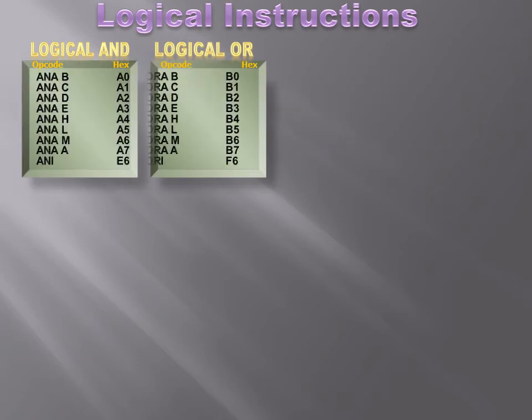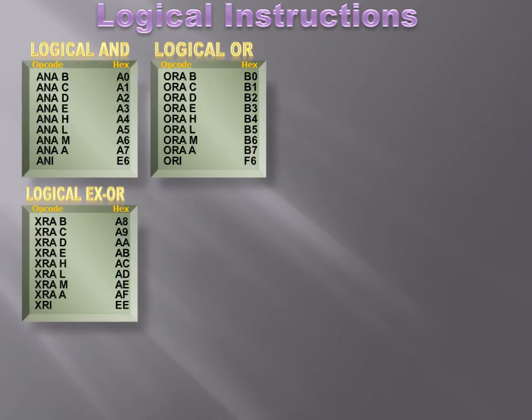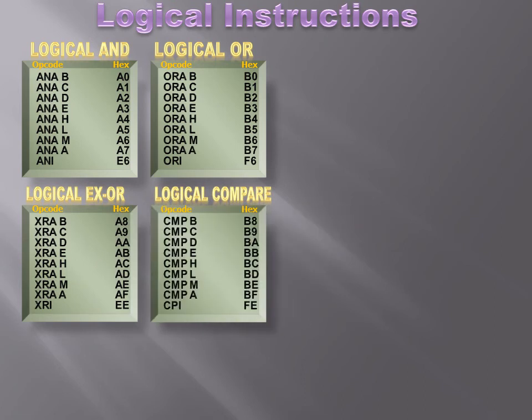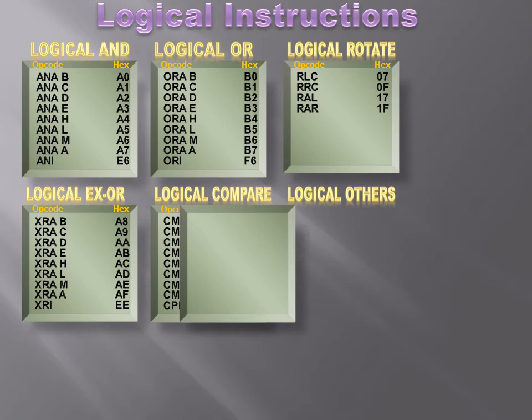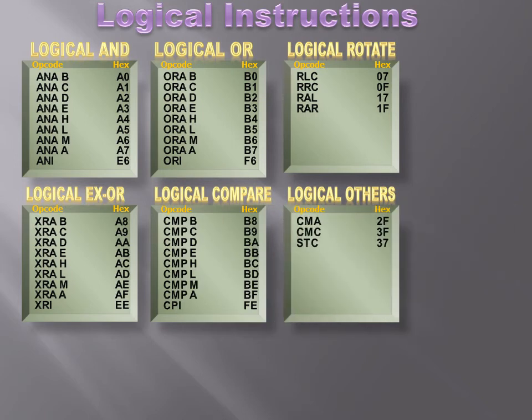In the same way, we have the logical OR, the logical XOR, logical comparison, and logical rotate, and in this we have RLC, rotate left with carry, RRC, rotate right with carry, then simple rotates, RAL, rotate all left, RAR, rotate all right. Some other logical instructions are like CMA, CMC or STC.